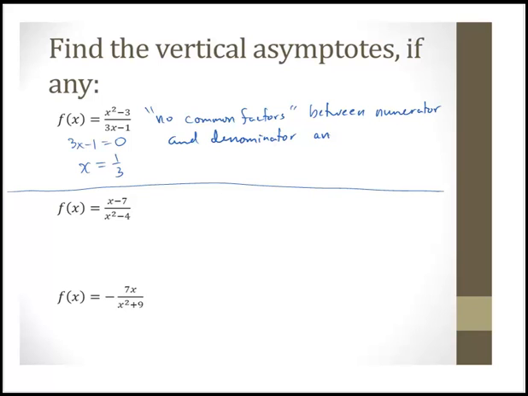And what we know is that x equals 1/3 makes the denominator equal to 0.